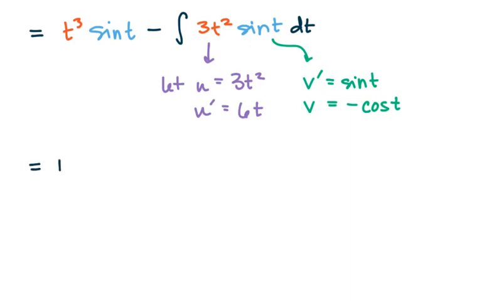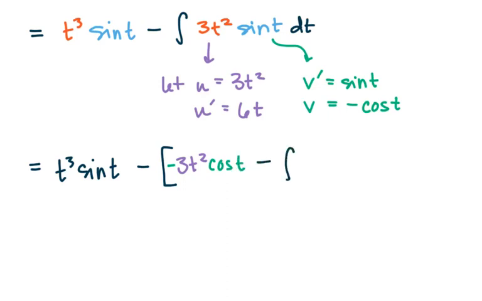So this leaves me with t cubed sine of t minus uv, 3t squared times negative cosine t, minus the integral of v u prime. So v is negative cosine t, so I've got negative 6t cosine t dt.